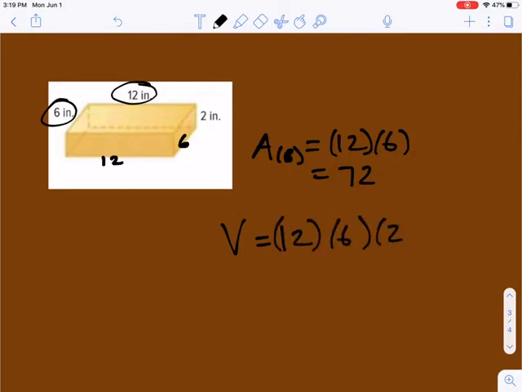I understand you can put all these numbers together and just multiply away, but I just want to show you what you're actually doing. You're finding the area of that base, and then it's almost like you're stacking slivers of it on top of each other to the tune of 2 inches. So 144, and this would be inches cubed, because each of these is an inch, and you have an inch times an inch times an inch. If you called all these x, they would be x cubed, so it's inches cubed.